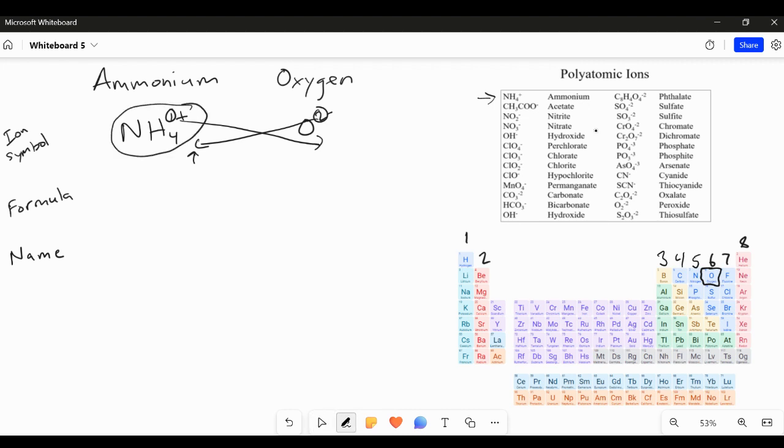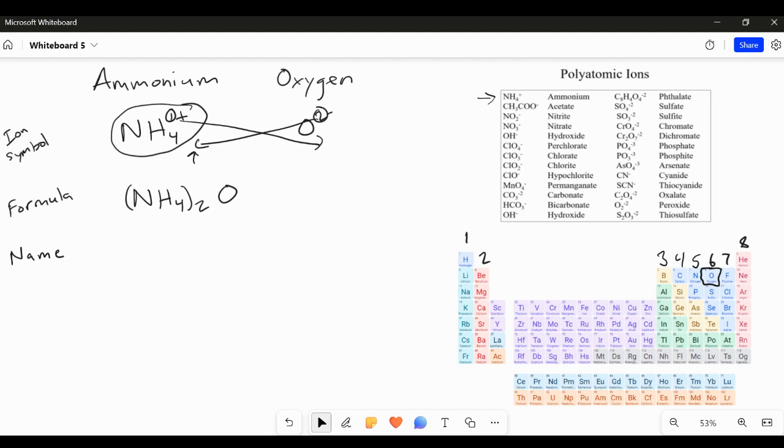So, the way we write this out is NH4, we put it in parentheses, and then we put a 2 on the outside. So this 2 subscript right here is saying that everything in the parentheses is going to be copied twice. Okay? Then we just have an O. The O has a subscript of 1, so we just leave it alone. Okay?